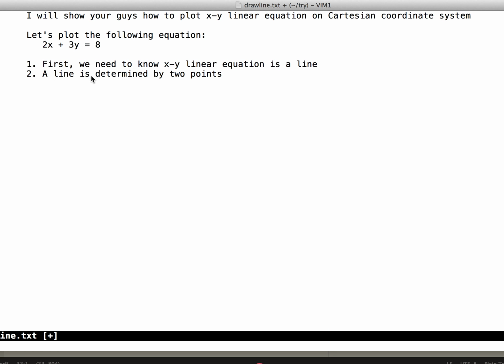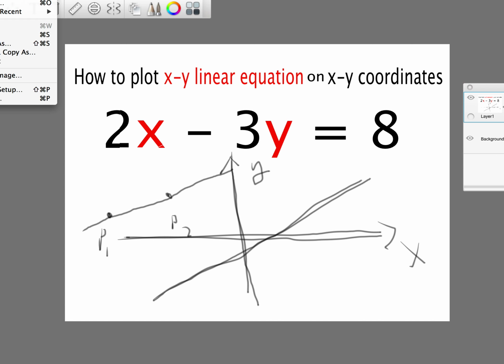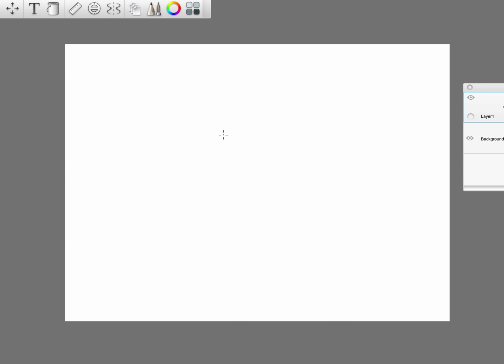Second, a line is determined by 2 points. One example: if we have point 1 here and point 2, we can draw a line here. If we have P1 and P2, we can draw a line.